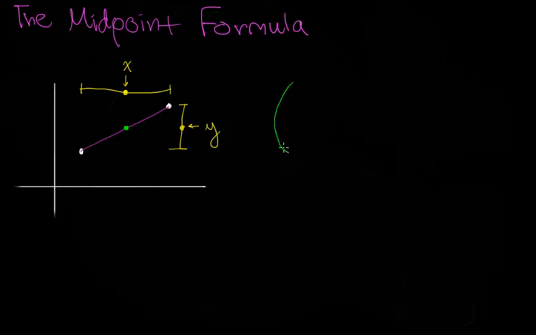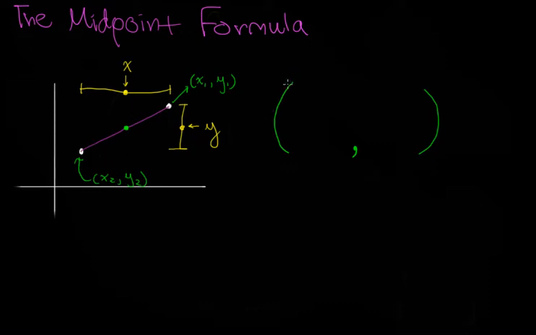The formula is actually a big coordinate point, with your parentheses and your little comma. And how do we find the average? We add up the points and we divide by 2, right? So let's say this is x1, y1, and let's say this is x2, y2.